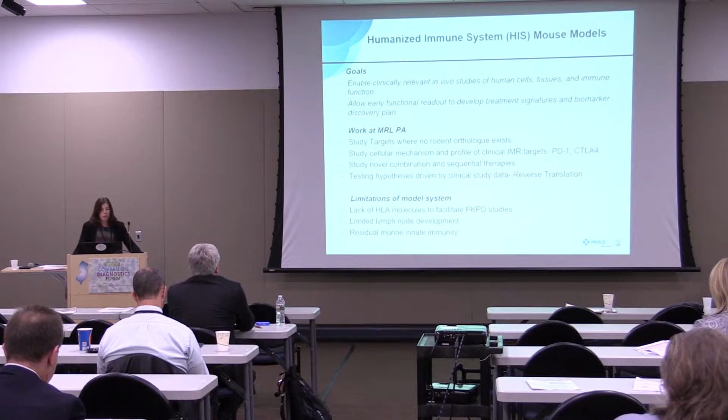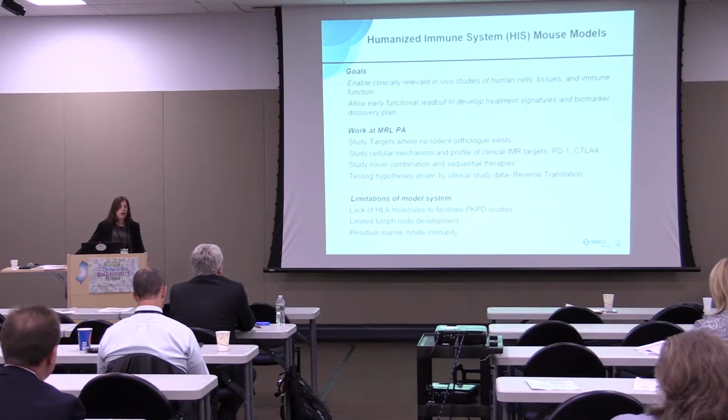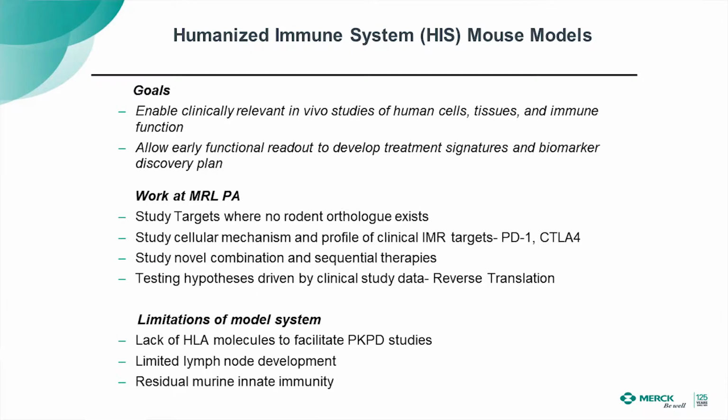Also, we are thinking that this could give us a really unique, quick sneak peek of how we may go about our biomarker plan with real human cells inside a real tumor that has the microenvironment. So things that we're doing now: we're studying targets that have no rodent ortholog at all.